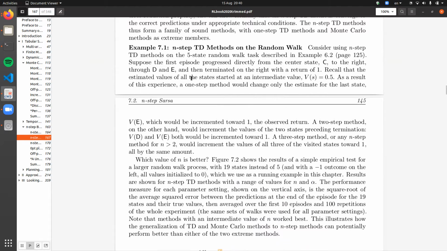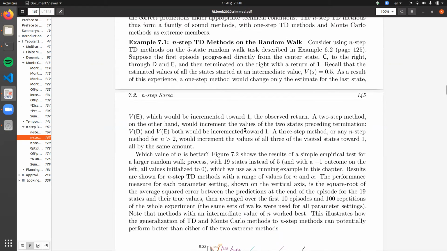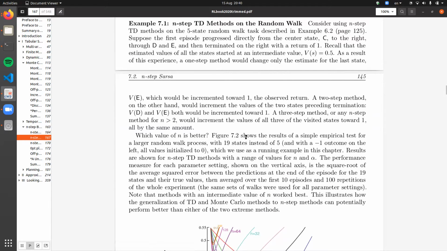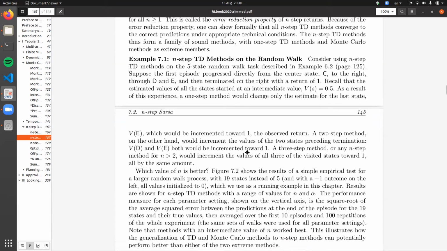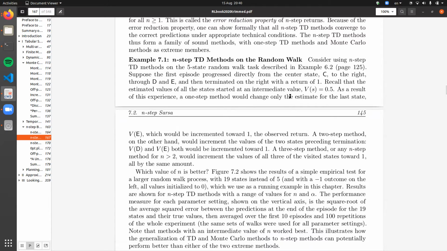Recall that the estimated values of all states were 0.5, but I think in this experiment it says he set them to 0. I think it's set to the mean of the 2 rewards, right? And that would also be the mean of the states.